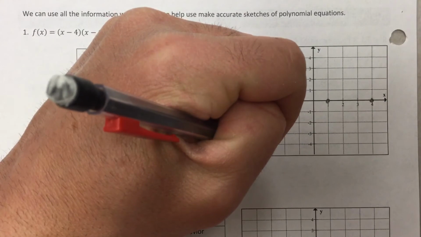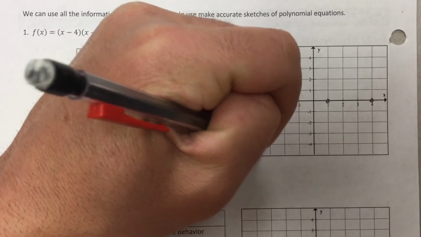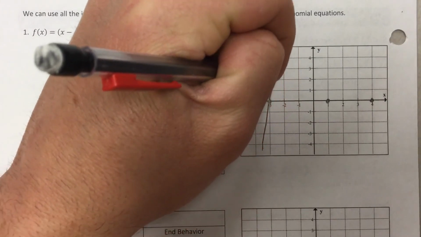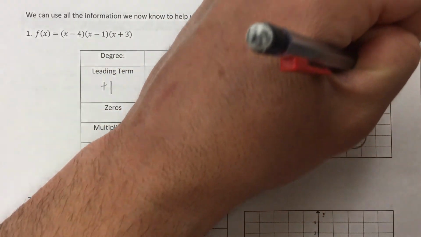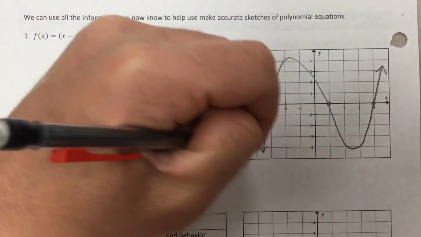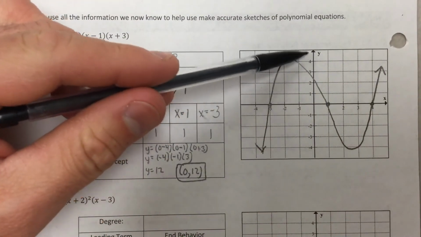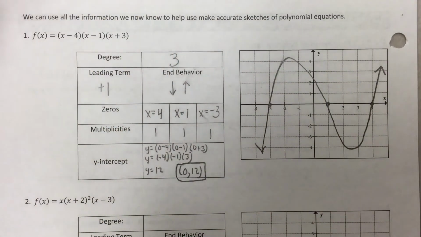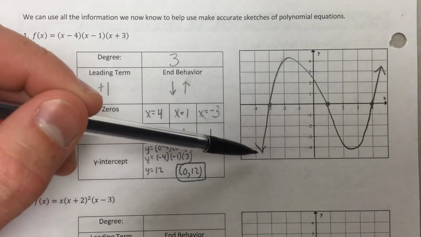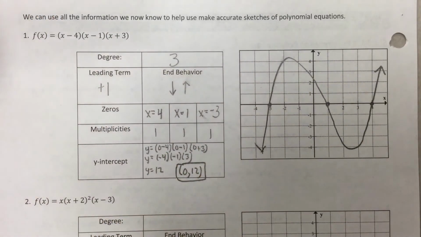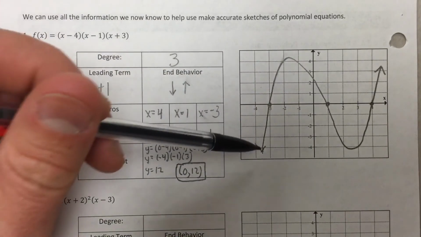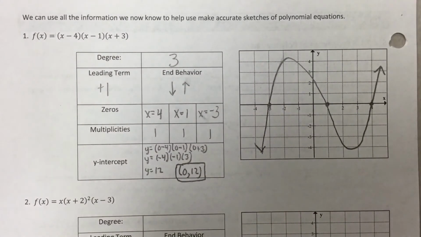So I'm going to start down on the left, in the negatives, cross through, cross through, cross through. Now again, our y-intercept should really be at 0, 12, but we can't go up that far. So our focus is mainly on getting the correct x-intercepts and whether it's bouncing or crossing those x-intercepts and the correct end behavior. That's our goal with this.